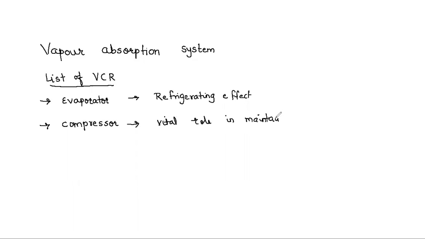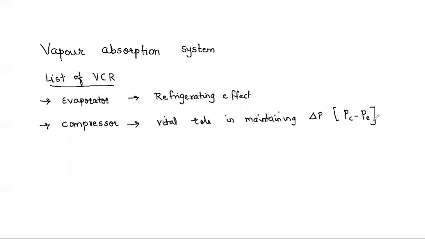And why is the delta P important? By delta P, I mean the condenser pressure minus the evaporator pressure. This delta P has to be maintained because we want the refrigerant boiling at the evaporator temperature, and the same refrigerant should condense at the condensation temperature.